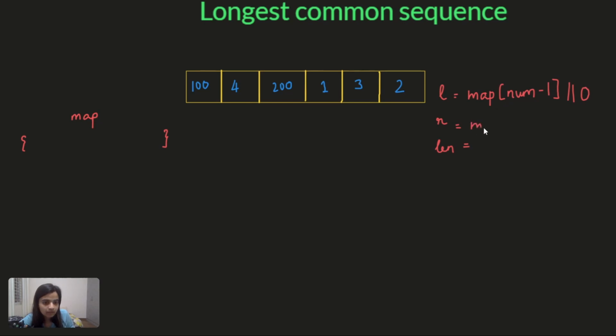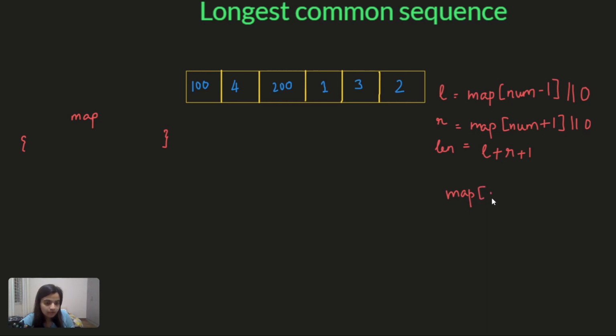Right is nothing but the map value of the next number, so it is num plus 1. If that doesn't exist, again we take 0. And len is nothing but left plus right plus 1, because it is the next number in the array. Then after everything we have to update the map values.